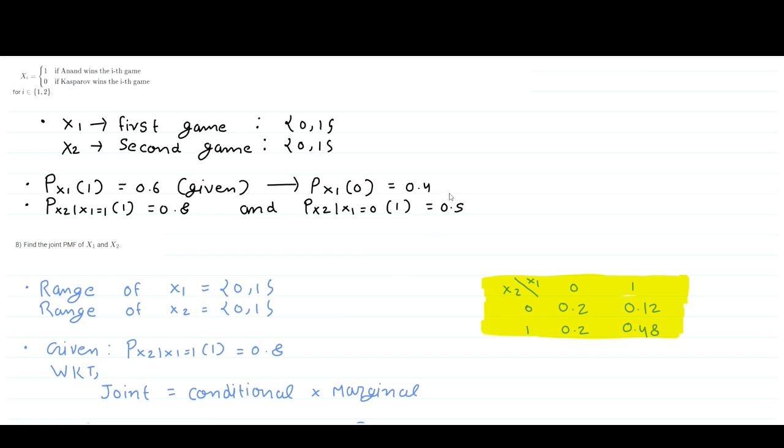There are two more conditional probabilities given: the probability that Anand wins the second game given that he won the first is 0.8, and the probability that Anand wins the second game given that he lost the first is 0.5. Let us see the first conditional probability.